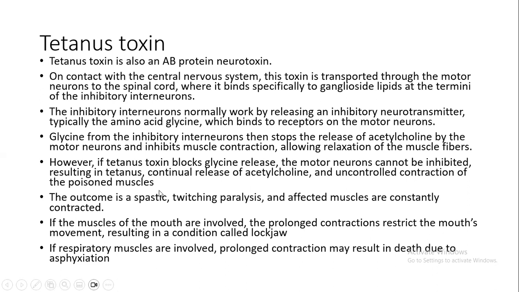That leads to a type of paralysis known as twitching paralysis, where individuals will show certain spasms. If a respiratory muscle is involved, there will be prolonged contraction of the respiratory muscles, and that can lead to death.